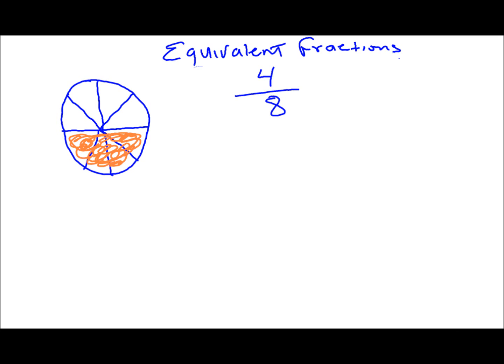Let's say also that I have the same pizza, and this time when I went to Papa John's, I told them, just cut it in twos. I don't want to deal with peeling the slices off. So if we look at this pizza, we have 2 parts, so a denominator of 2.